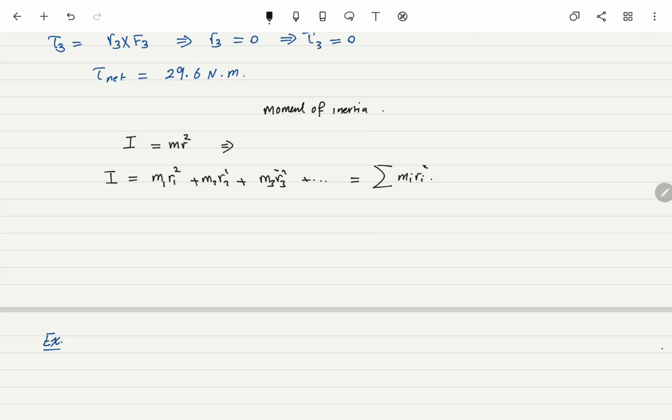Now as a generalization, the moment of inertia for a rigid object can be found as I equal to the integration of r square dm. And remember, the moment of inertia is a scalar quantity.